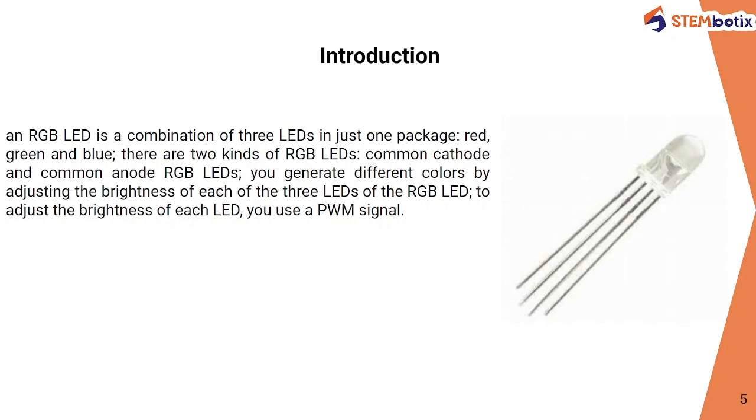That's 256 possible variations. So from 0 to 255, it means there are 256 total variations. This gives us a total of 16777216 possible colors to play with. Yes, we can generate around 16 million possible colors to play with.